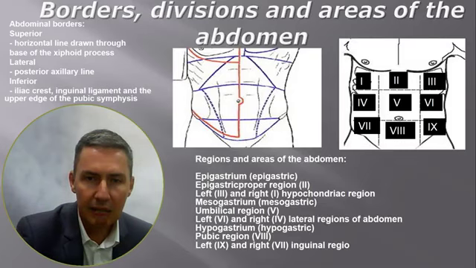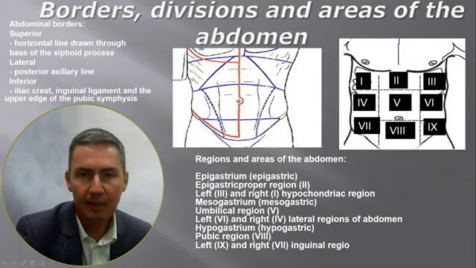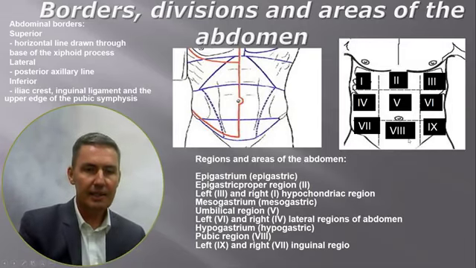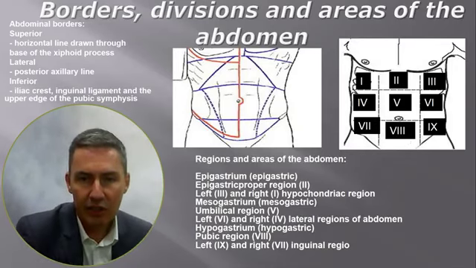The umbilical region is in the center. It is unpaired, and the left and right lateral abdominal regions are present here. And the hypogastric region is subdivided into the pubic region.